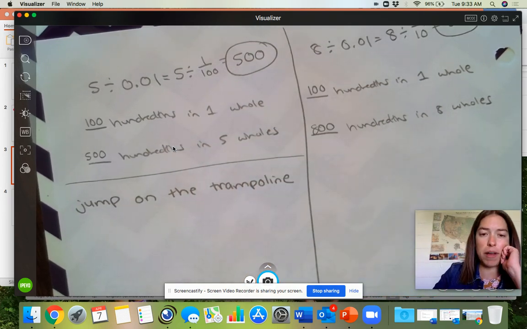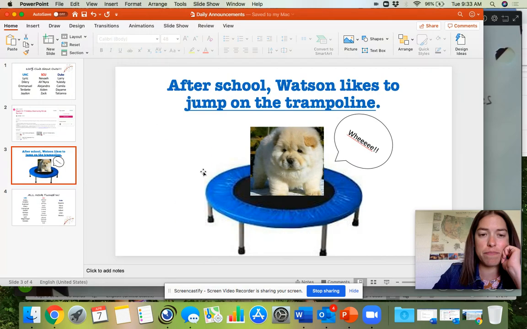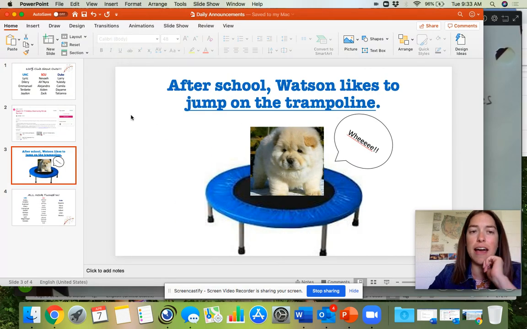He likes to jump on the trampoline. This way, I make sure that I spelled everything correctly so I know exactly what it is Watson likes to do. After school, that's what he loves to do, is jump on the trampoline.